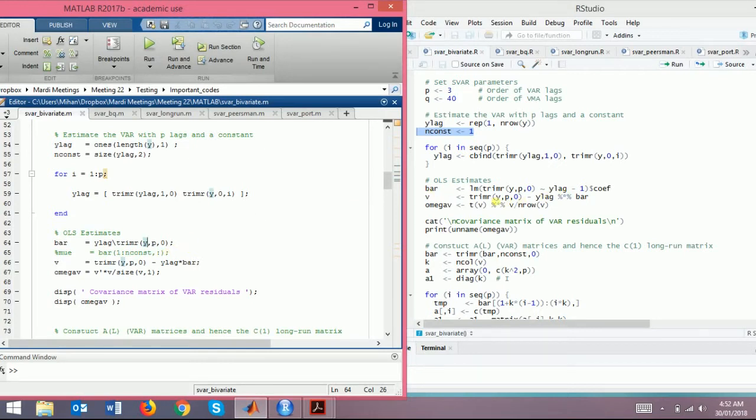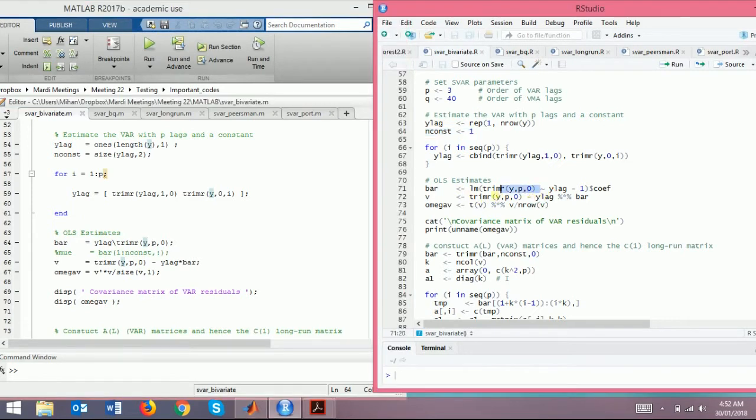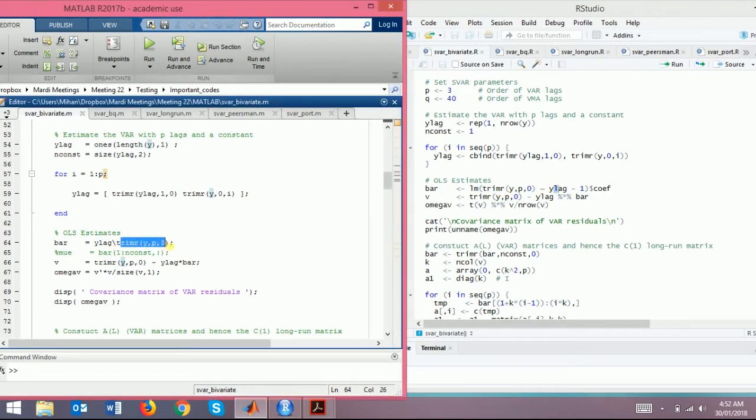So our linear model is y being regressed on x. So y is being regressed on x, fine.